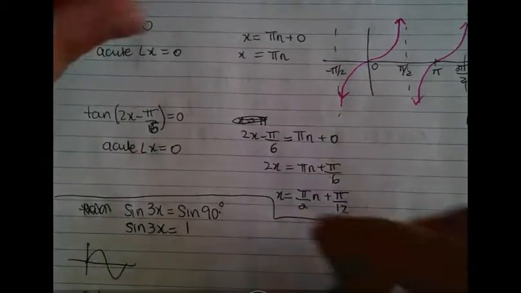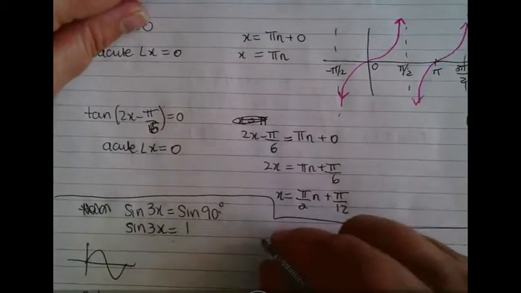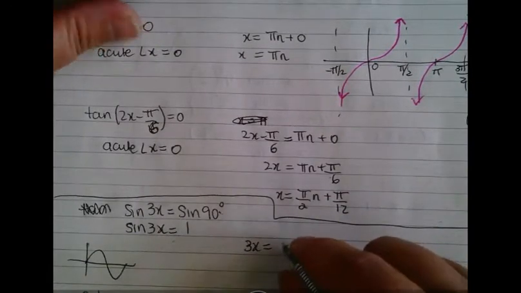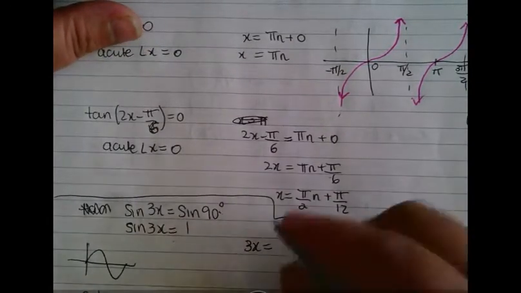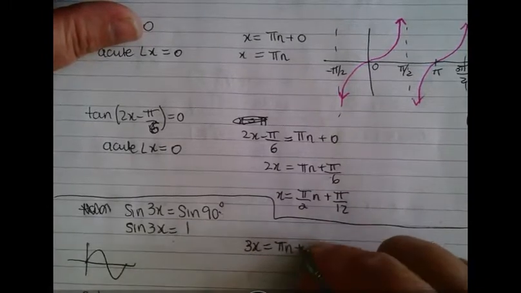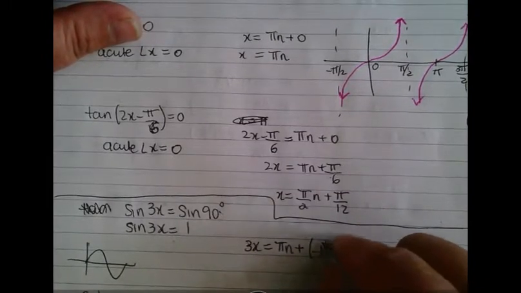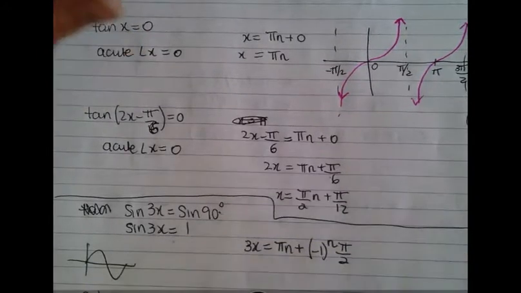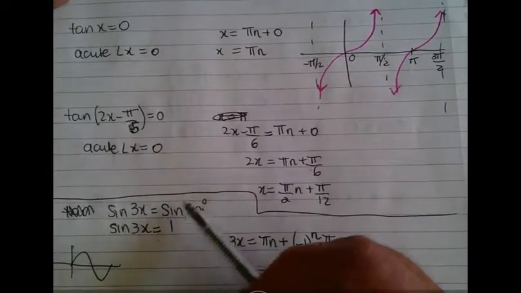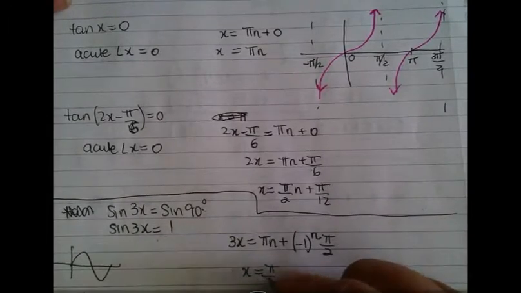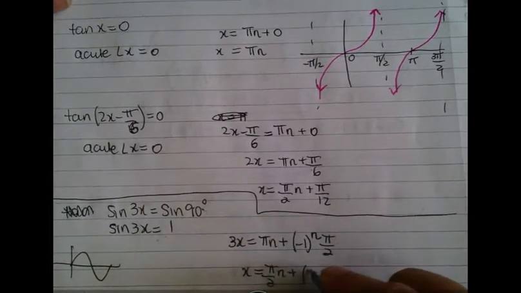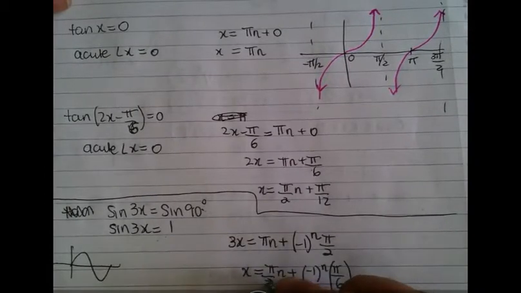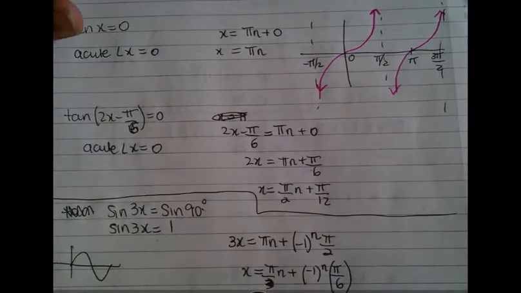So how do I write my solution for sine? 3x is, do you remember the solution? It's pi n plus negative 1 to the power of n times pi on 2. Are we okay with that? So x is pi on 3n plus negative 1 to the power of n times pi on 6.